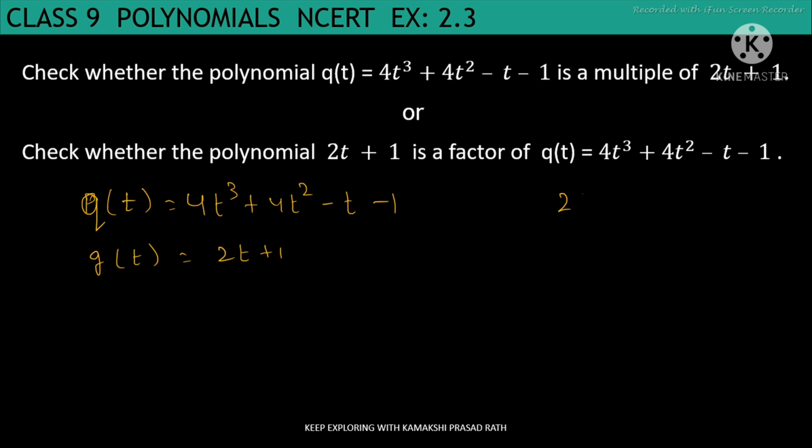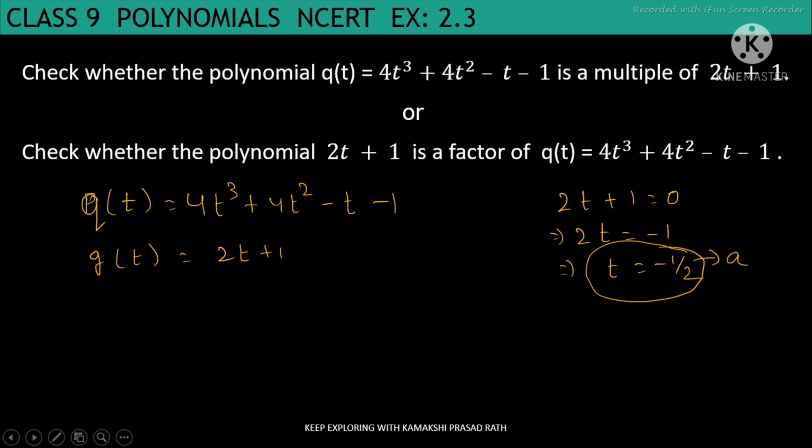First we will take 2t plus 1 equals 0, which implies 2t equals minus 1 and t equals minus 1 by 2. Hence we got the zero of the polynomial. Now we will use the remainder theorem. By the remainder theorem, the remainder equals q of minus 1 by 2, so we'll find the value of this polynomial.